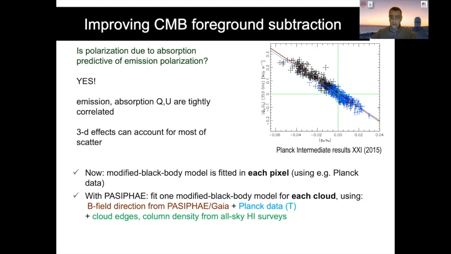If you have more than one cloud along the line of sight, then you naturally add up the Stokes parameters from each. Then one can use this model that includes the three-dimensional effects to subtract the foreground. Our colleagues at the University of Oslo are developing this method right now.